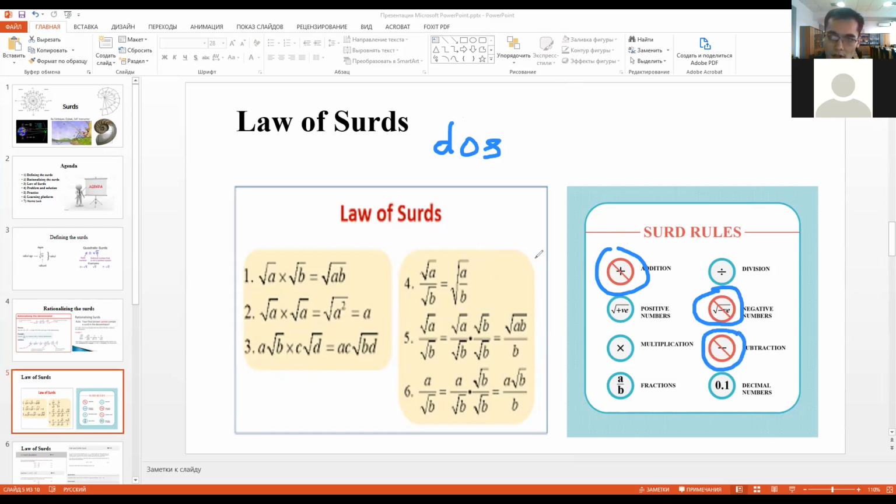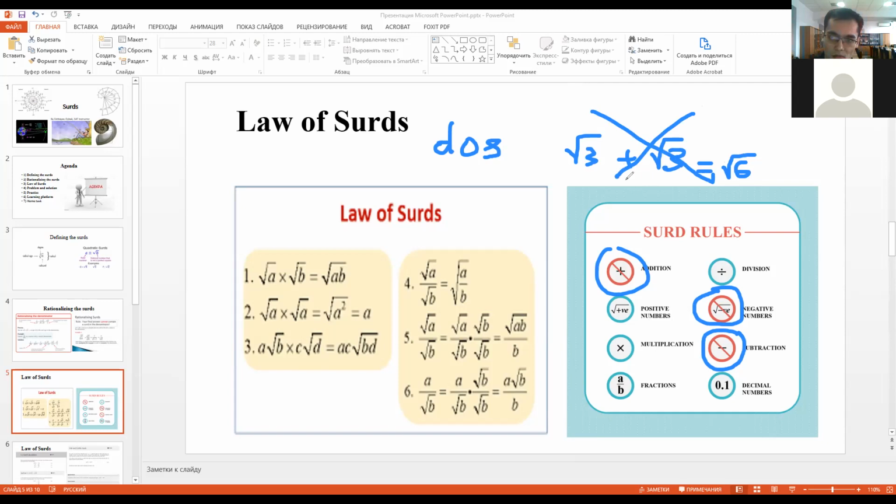You can't add two surds to each other. For example, you can do this operation, but you can't do this one. Okay, forget about it.